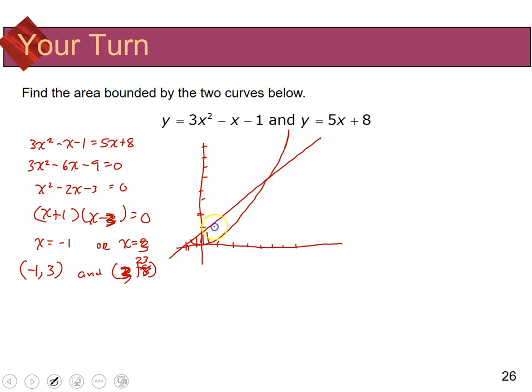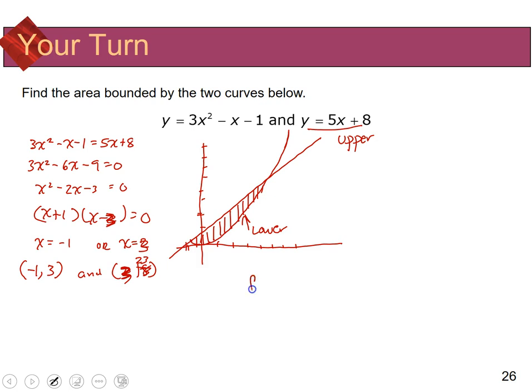So the bounded region looks a lot like this. That means that this one's the upper function. This one's the lower function. And since one's quadratic and one's linear, I'm really not expecting any more intersection points between the two. So it's going to remain upper minus lower.